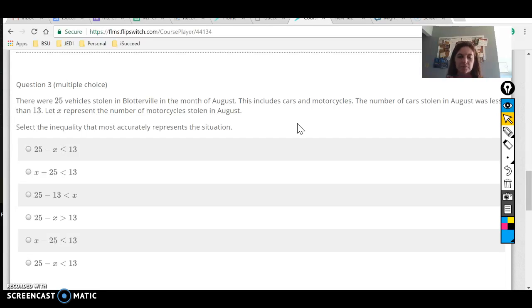Okay, so let's see, the number of cars stolen is going to be 25 minus X, right? Because the number of motorcycles plus cars stolen equals 25.